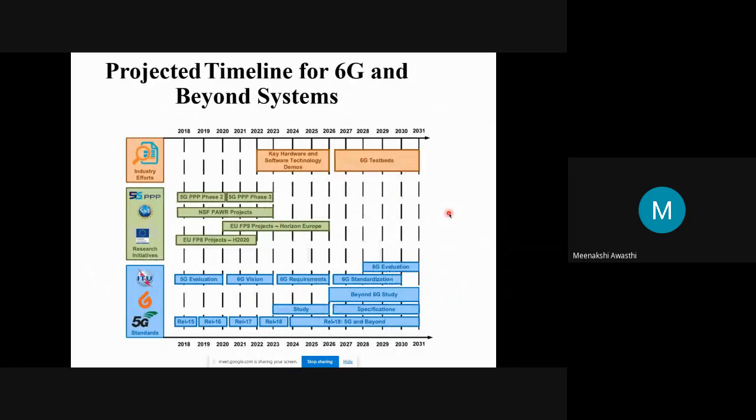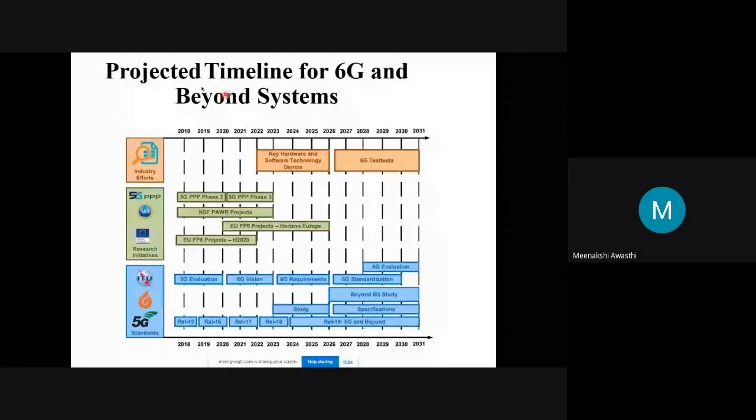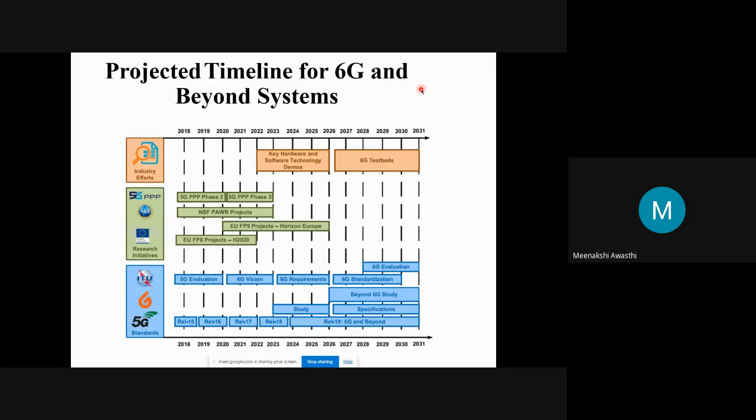Here in this slide, we can see the projected timelines for sixth generation and beyond systems. Of course, whenever you plan something, you have to put it on some timeline: what will be the expected time in which we can expect the sixth generation.